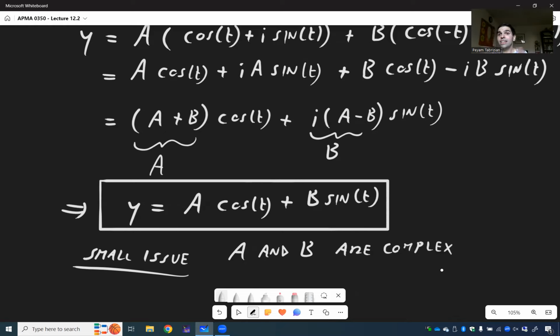Which is not really an issue in our problems, because when we solve with initial conditions, we actually get real A and B.